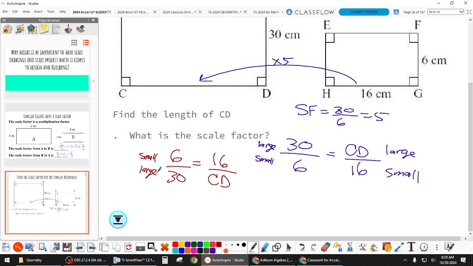How did we solve? Let's just go back to this one. Cross multiply and set equal. That was our little mantra, right? So 6 times CD, or you could just call it X, equals 30 times 16, or 480.